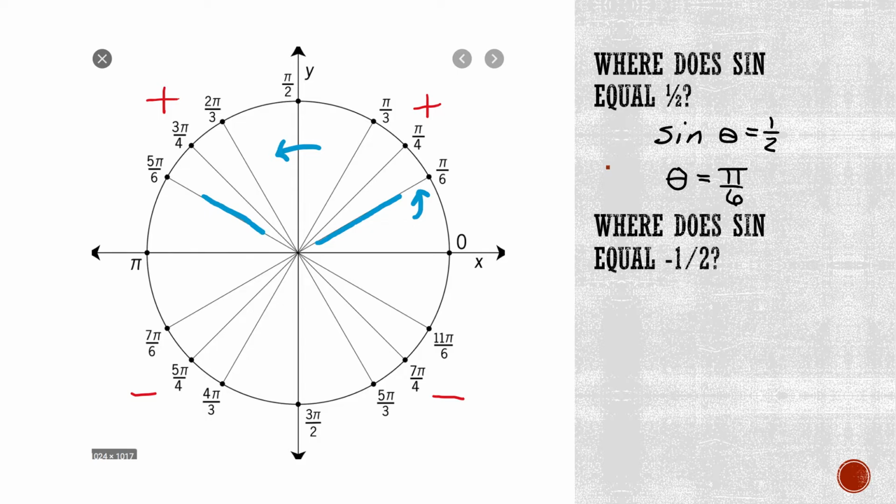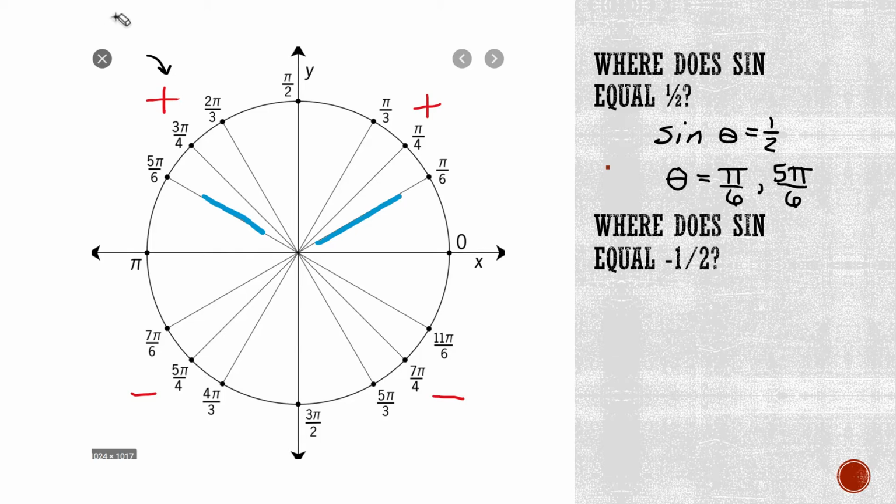And so that's going to be the mirror angle for pi over 6. And so since we have the positive right here, we know that sine is also equal to positive 1/2 at that mirrored angle, which is 5 pi over 6. So note that we have two solutions to sine equaling 1/2, as long as we're looking at one rotation around this unit circle.